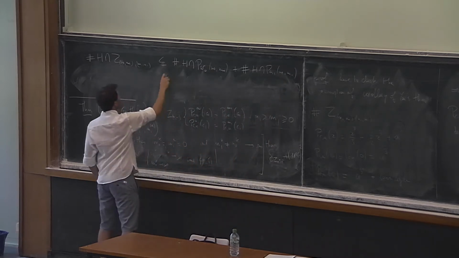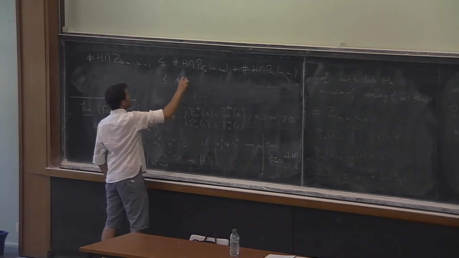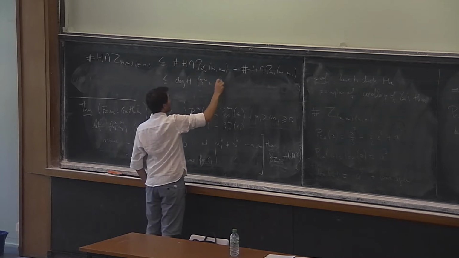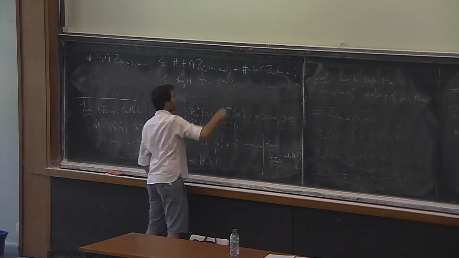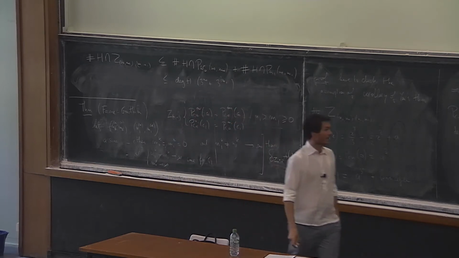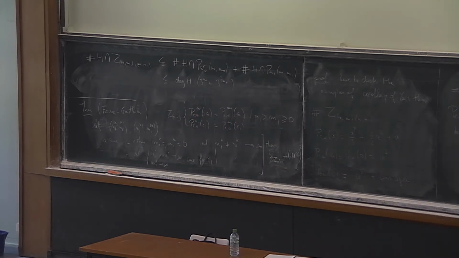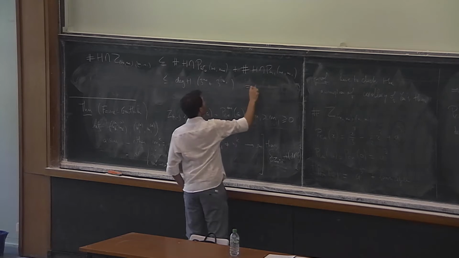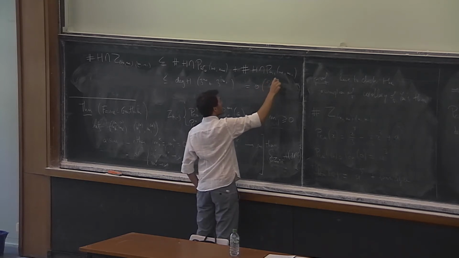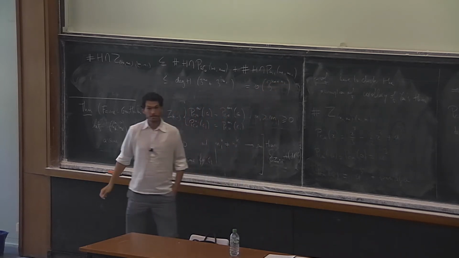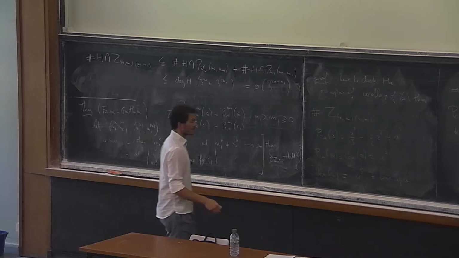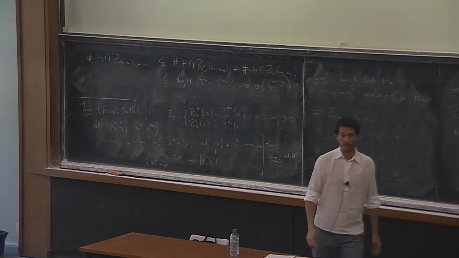Which is now, again, you use Bezout. It is bounded by the degree of H times 3 to the N0 plus 3 to the N1. And this is certainly negligible with respect to this one. So you conclude that the assumption of the corollary is satisfied, and then you have equidistribution.